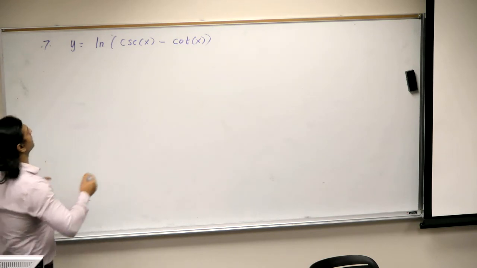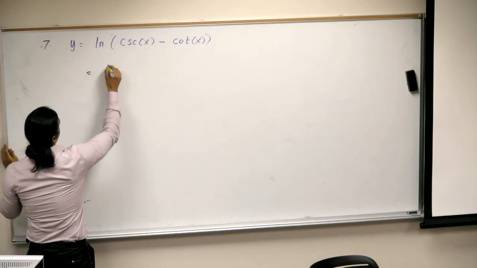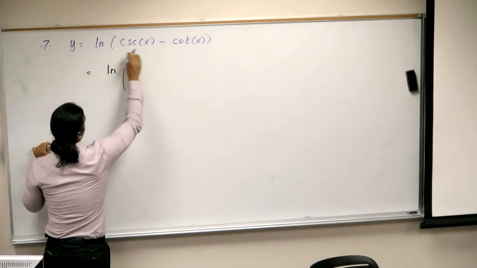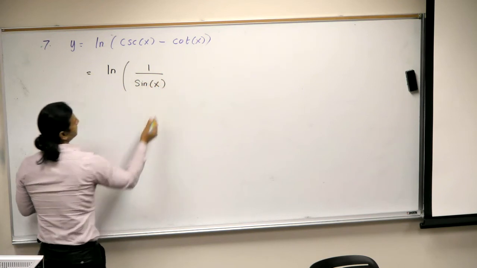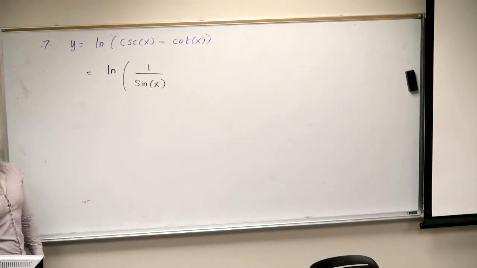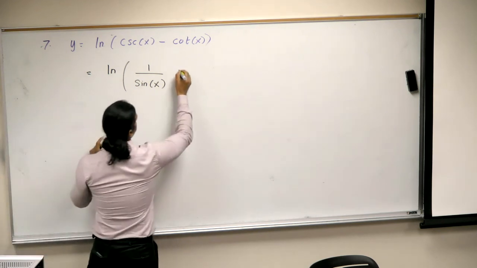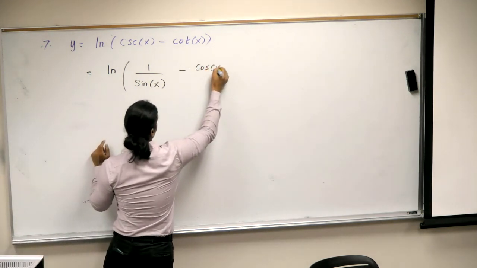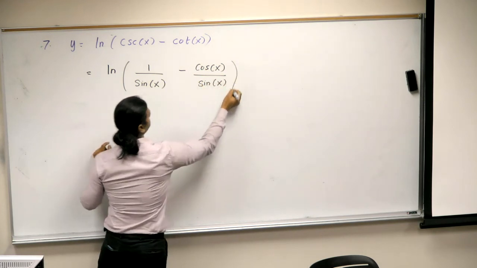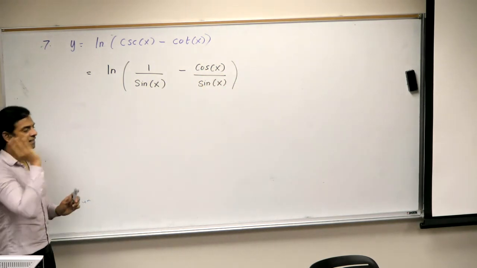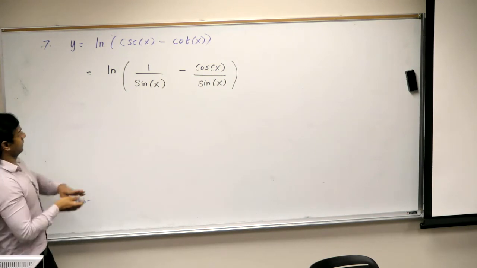Sure, I can do that, but I'm going to show you a different approach. So cosecant x, I can write it as 1 over sine x. Cotangent x, I'm going to write it as cosine x over sine x. This is how my mind works.